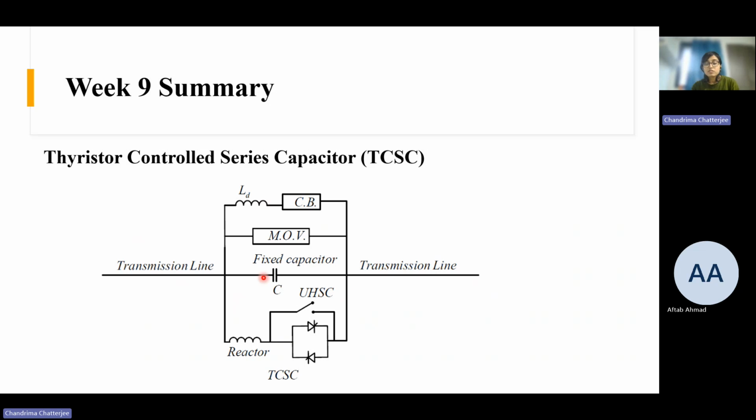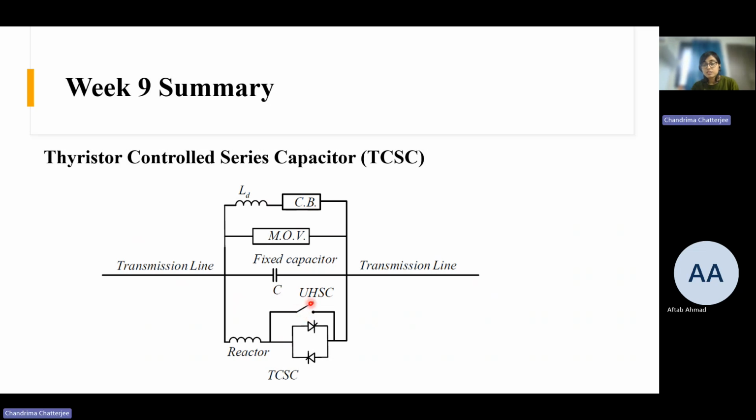Now, along with this structure, there are some additional components, and each has its role. First of all, you can see in parallel with this thyristor configuration, there is this switch. This is UHSC, that is ultra high speed contact basically.